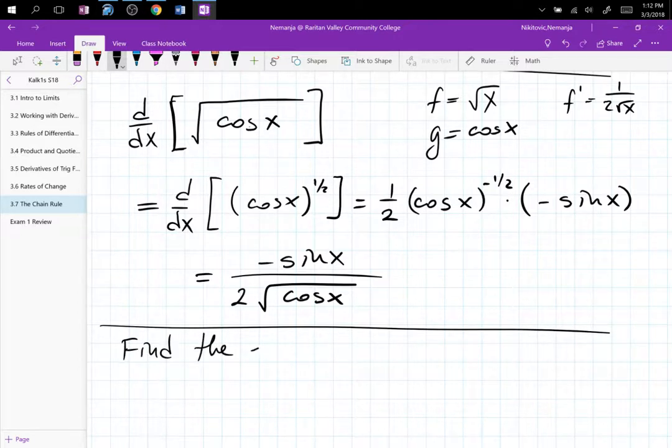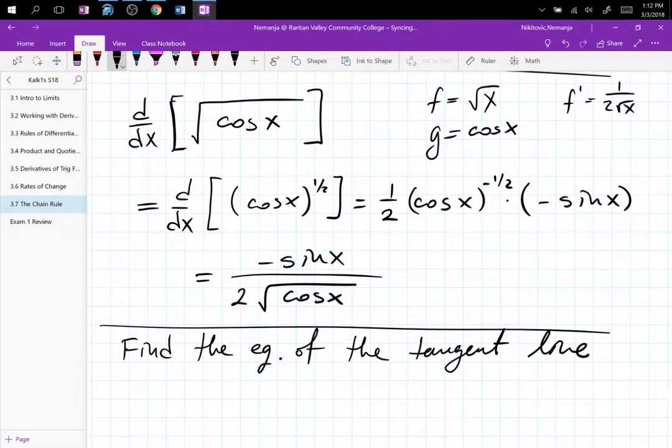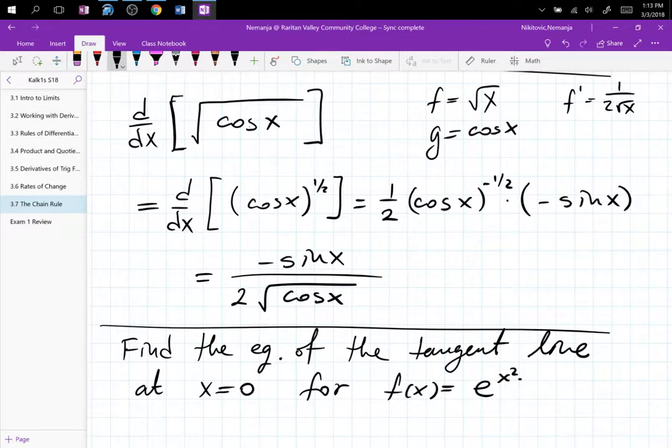Find the equation of the tangent line at x equals 0 for f of x equals a to the x squared plus 1 minus root x. No, bad.